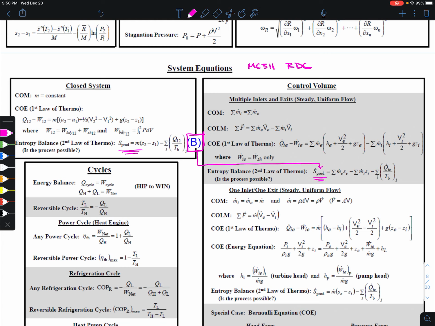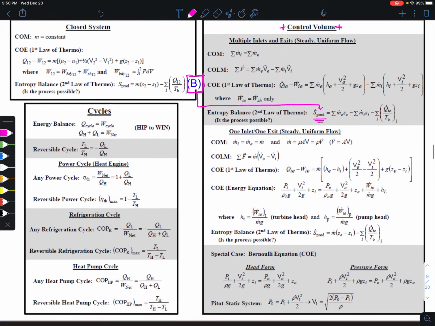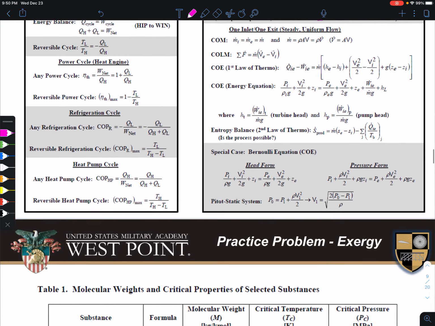So I placed that B in the wrong location. Please take note. We do not want this equation on the left-hand side. We want a rate of entropy production because we have a control volume, not a closed system. Things are flowing into and out of it.